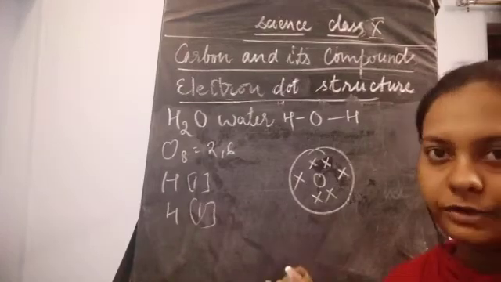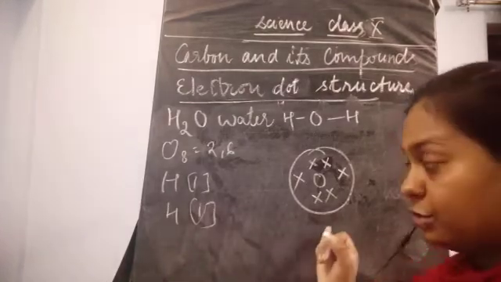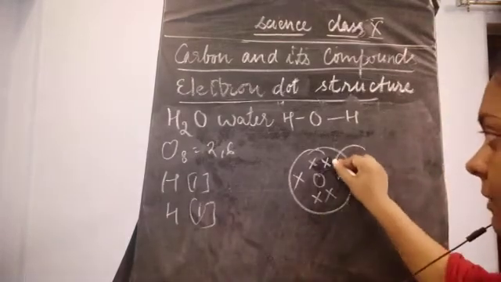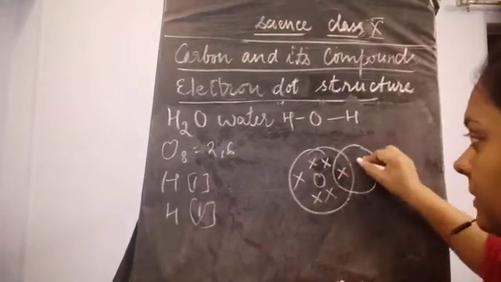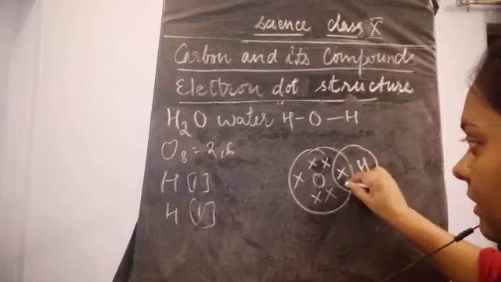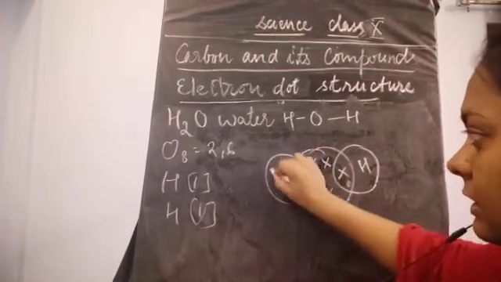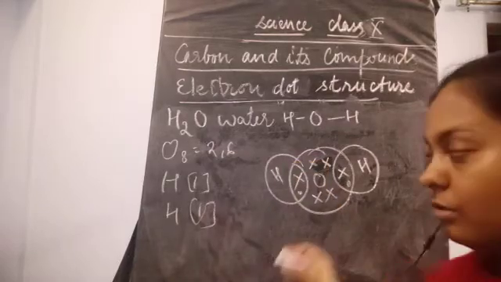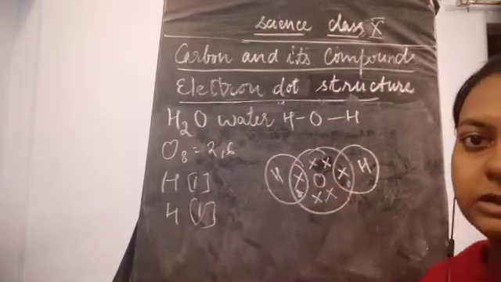Or you could draw electrons anywhere, but it would be easier for you because you need to pair them up. So 6 electrons are there. 2 electrons are required, which will be donated from hydrogen, 1 and hydrogen here again. It becomes H2O. So this is going to be shared here.